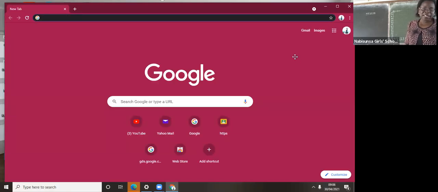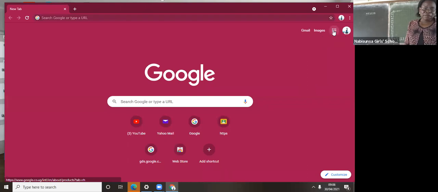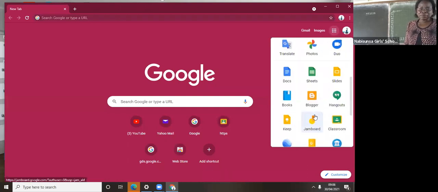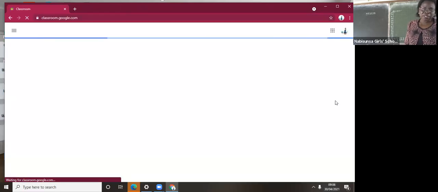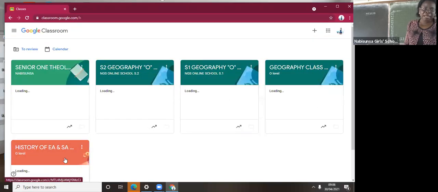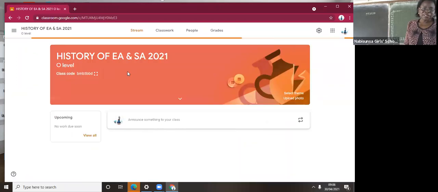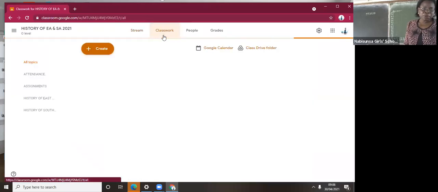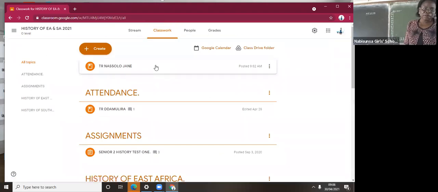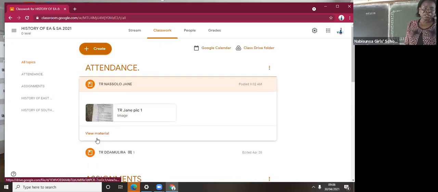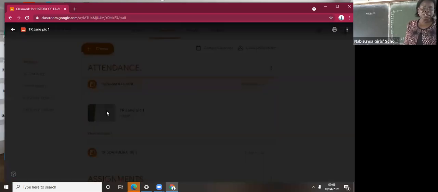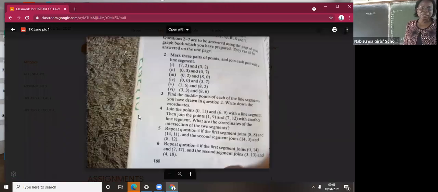We had Roman 1 to Roman 6. Two points joined together form a line segment. For number 3, you are supposed to find the midpoint of each line segment. So number 2 and number 3 are together.